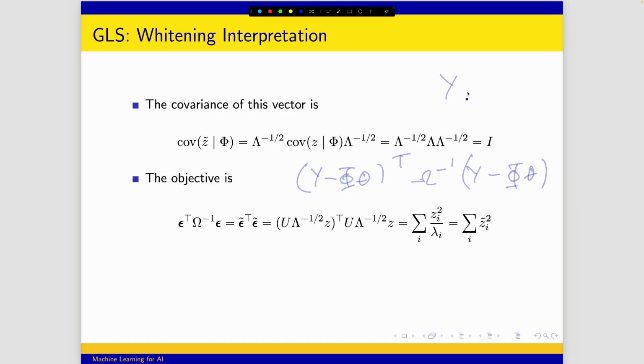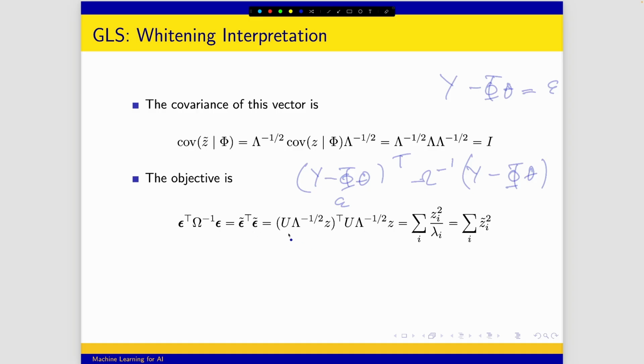But y minus phi theta is epsilon. So what we're doing is minimizing epsilon transpose omega to the minus 1 epsilon. So this is actually our objective. And this is the transformed, whitening-transformed epsilon dot product with itself.